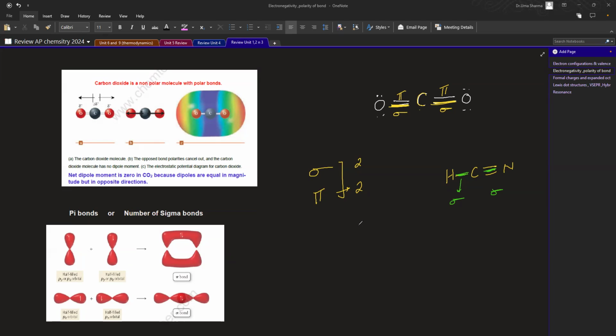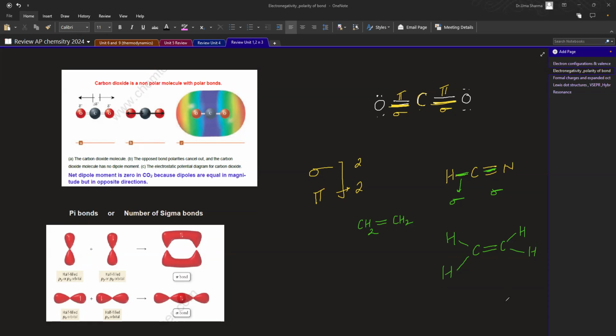If I give you some molecule like this one, how many sigma, how many pi? What you do is make the structure in the elaborated form. And remember, hydrogen never makes a double bond. Hydrogen can make only one bond because it has only one valence electron.